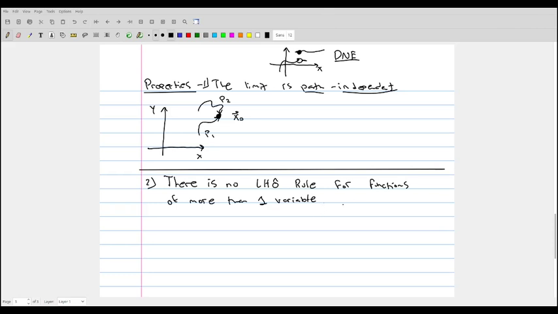It does work for single variable functions, as you hopefully saw in either a Calculus 2 or a Calculus 3 course at some point. But the idea is that it does not work for functions f of x, y, or f of x, y, z, etc.